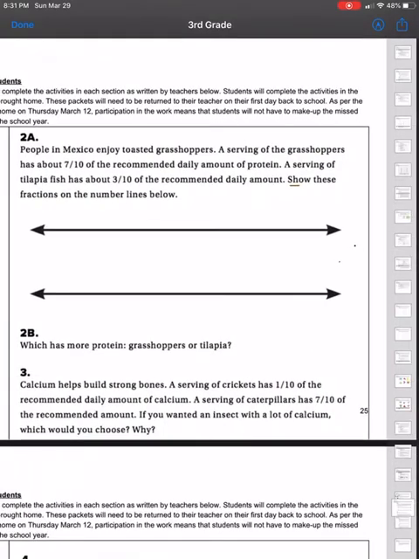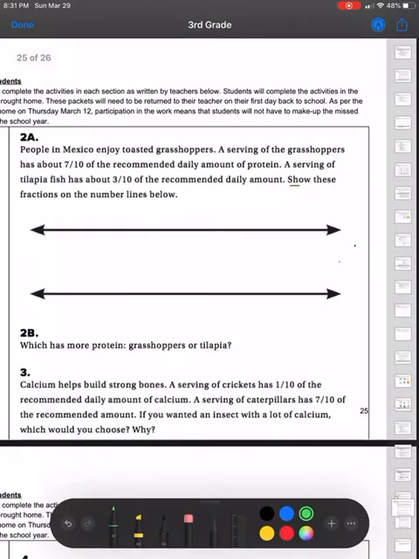It says people in Mexico enjoy toasted grasshoppers. A serving of the grasshoppers has about 7/10 of the recommended daily amount of protein. A serving of tilapia fish has about 3/10 of the recommended daily amount. Show these fractions on the number lines below.